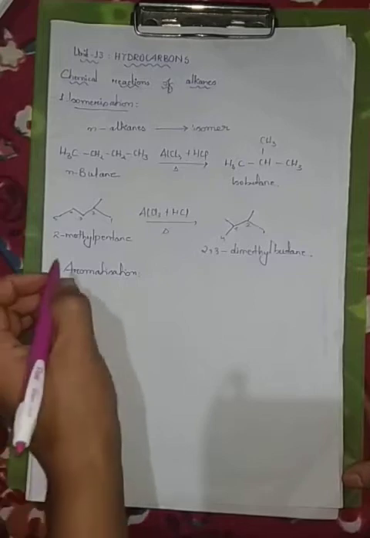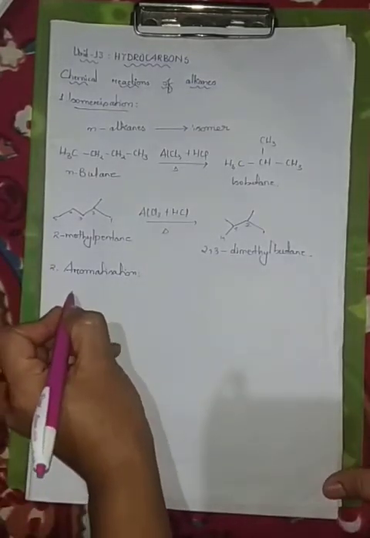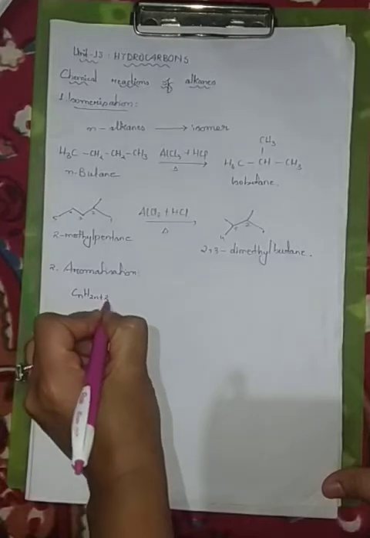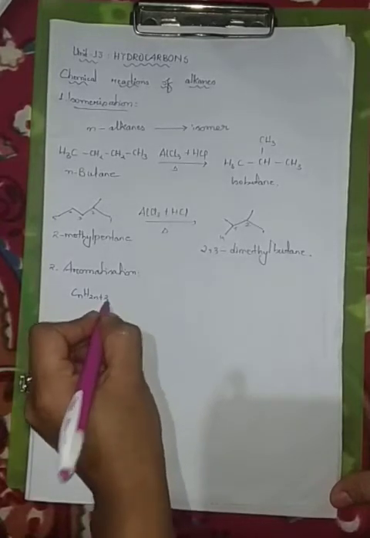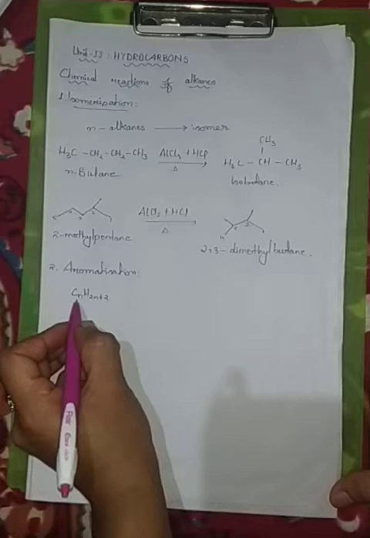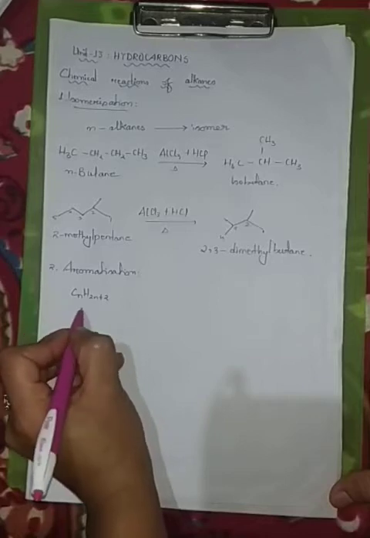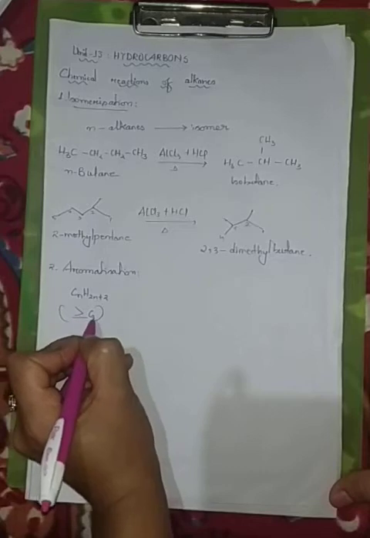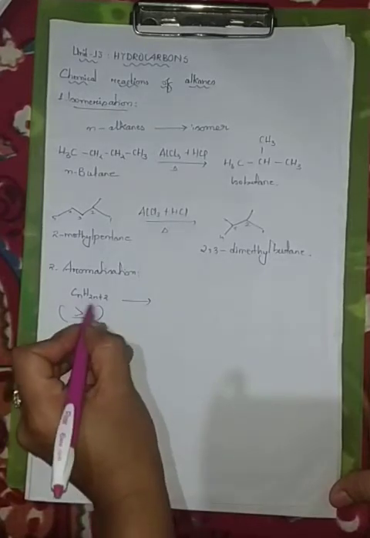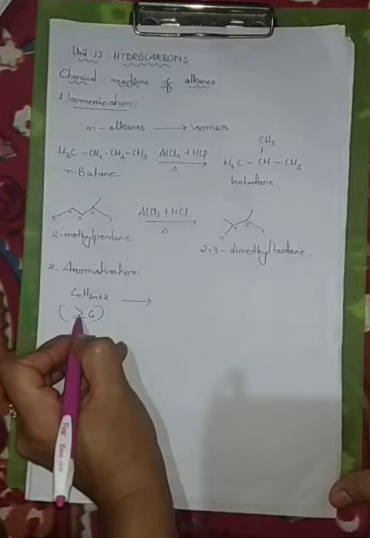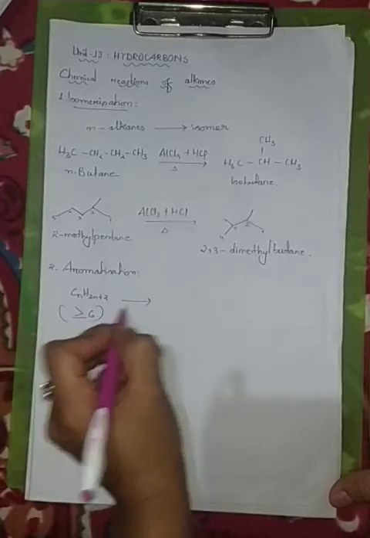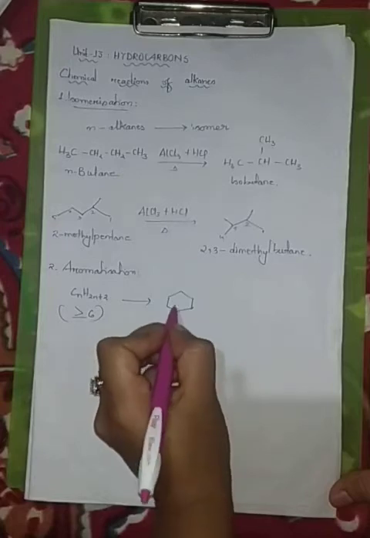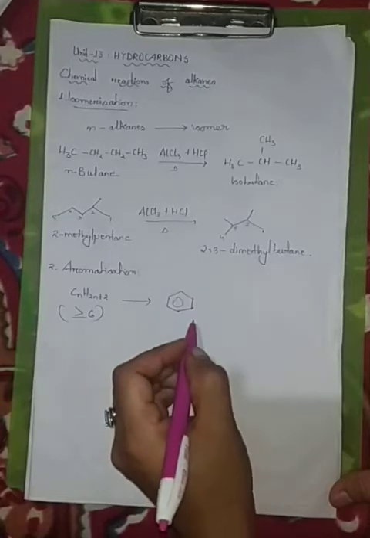Here, CnH2n+2 is our general formula for alkanes, and the carbon number should be greater than or equal to 6. When alkanes with carbon number greater than or equal to 6 aromatize, we get an aromatic compound.